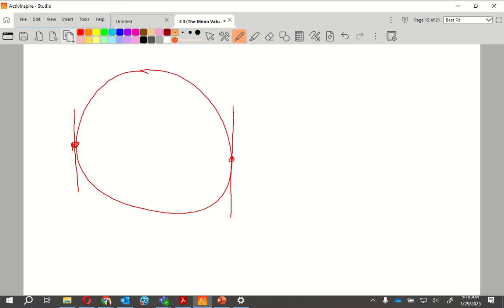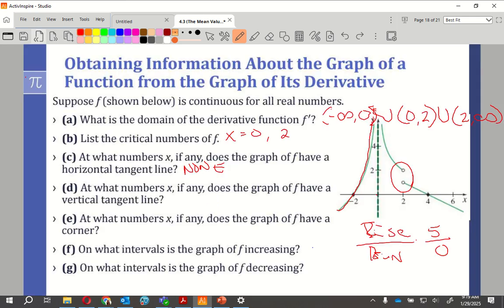And then over here at these points, my tangent's going to be undefined anyway, right? So I can't take a derivative at 0. And this one right here is questionable.